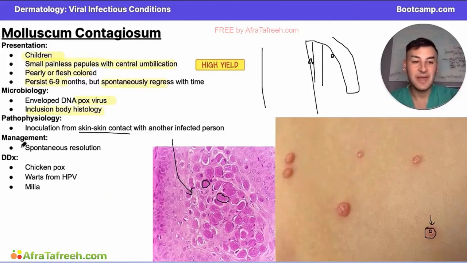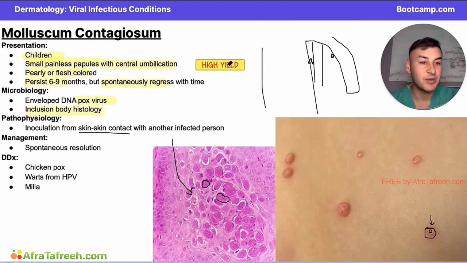In terms of management, we talked about these being spontaneously resolving lesions, but there are some options for treatment which are generally not advised. So I want to tell you guys a little bit of a story. I actually had molluscum contagiosum when I was a kid, and I got it from skin-to-skin contact with another individual, my brother, okay? My mom was super scared.